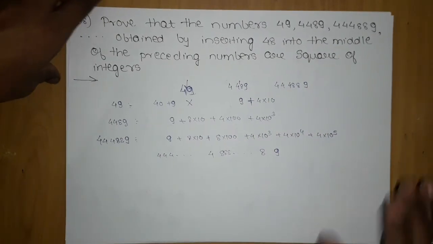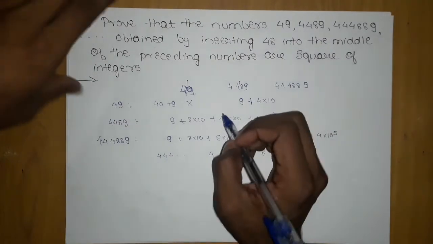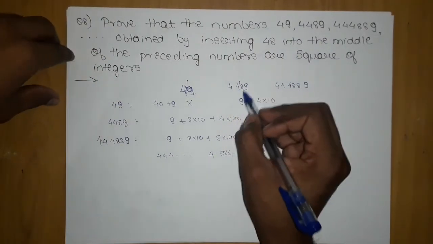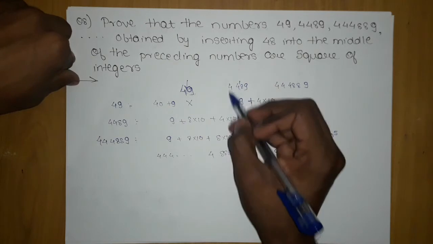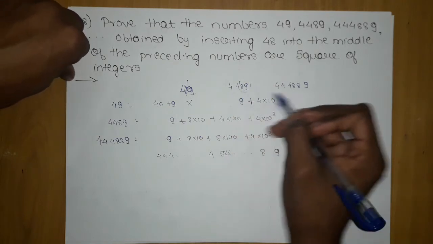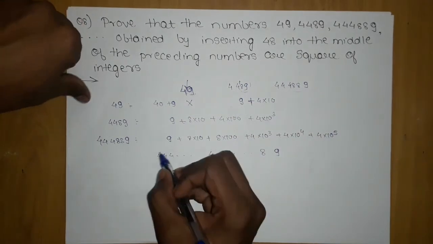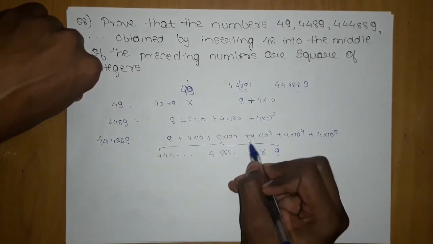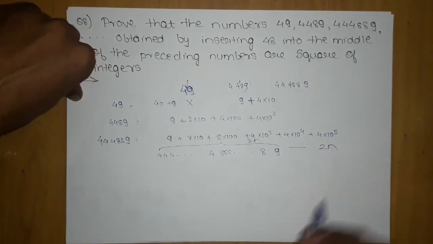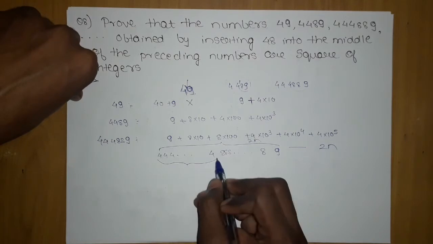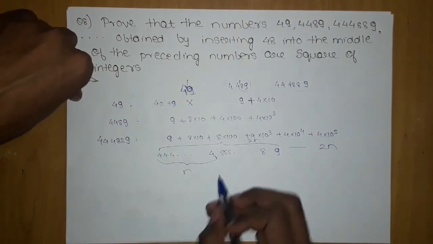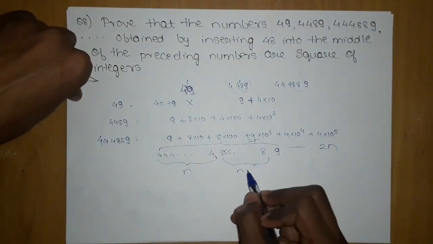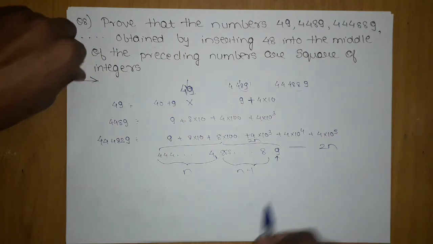Now if you observe, in every term, this depends upon your observation, the 4s are half the term, and the next half is 889 and so on. So if I assume that the whole term has 2n digits, then the 4s should be n. Don't you agree? And the 8s should be n minus 1, and the last term will be this.